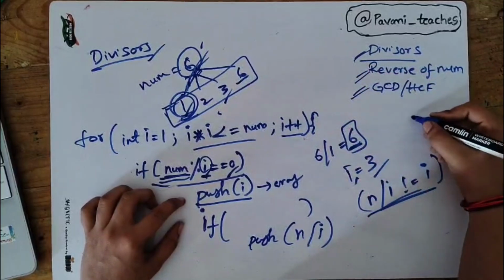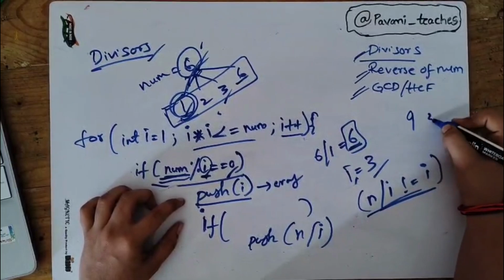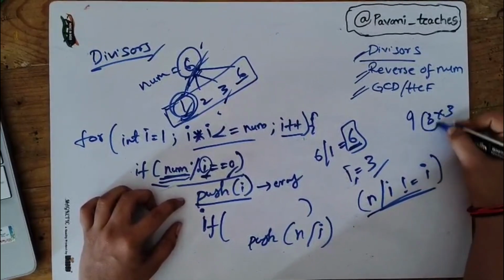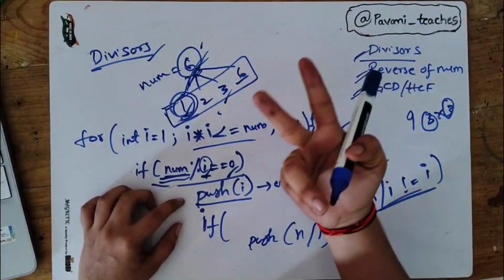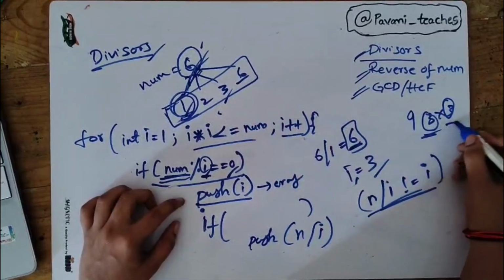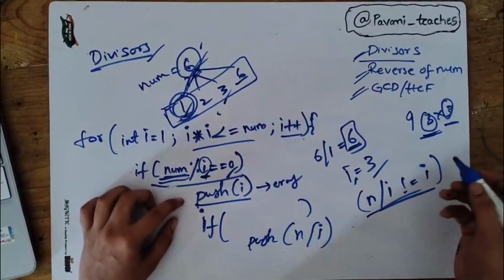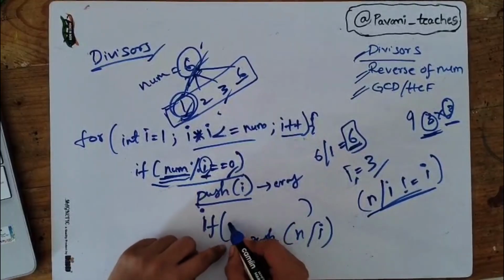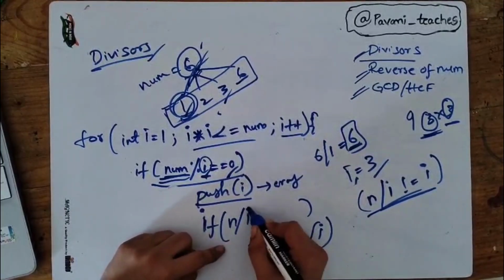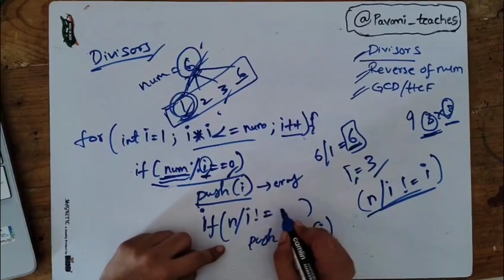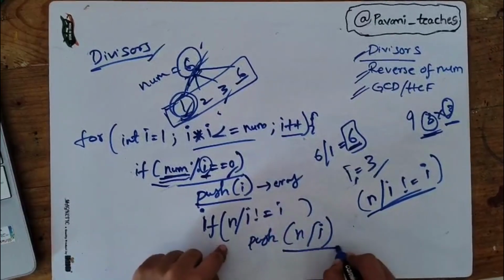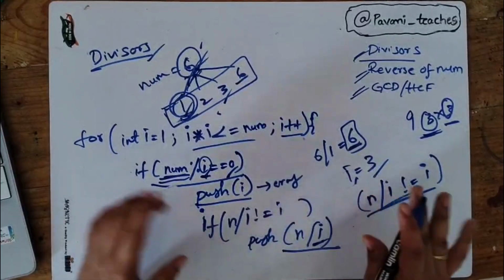If we take the number 9, then 3 into 3, we'll have 3 and 3. It will store two 3's, which is not our requirement. So inside this if, we give the condition n by i is not equal to i. Then push n by i. I hope you got it.